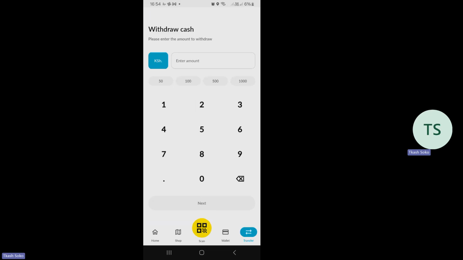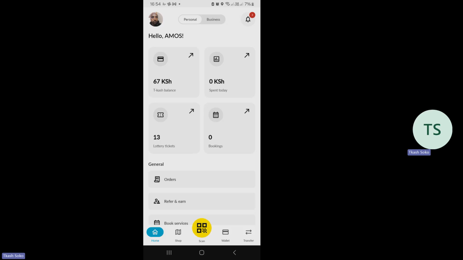This brings us to the end of our session: send money and withdraw cash. It's my hope that you have learned how to send money and how to withdraw cash. If I'm to just give a summary of the session, for you to send money or withdraw cash, you need to be on the personal side of the app.